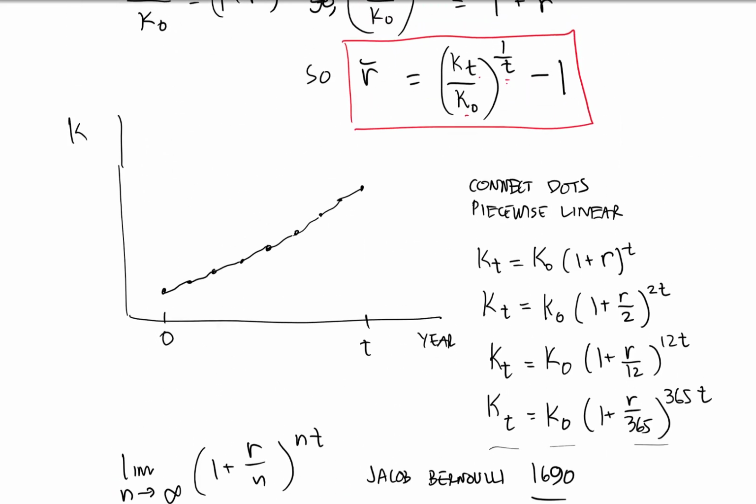We have all these 365 days in each of these years. We're actually going to do it by every hour, every minute, and then it turns out that this is going to be very, very smooth. As we get smaller and smaller time periods, this curve becomes smoother and smoother.